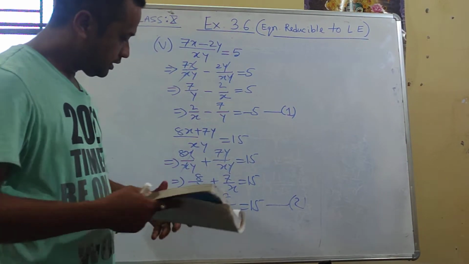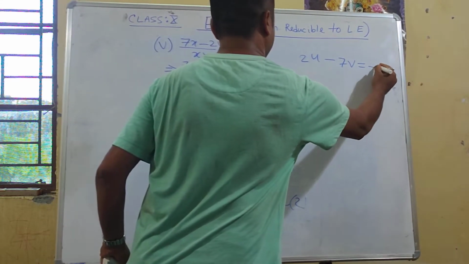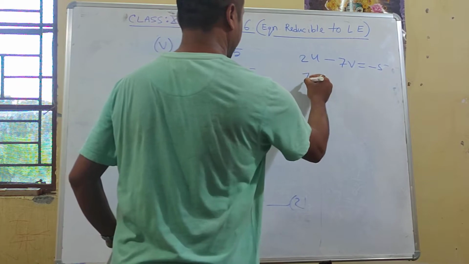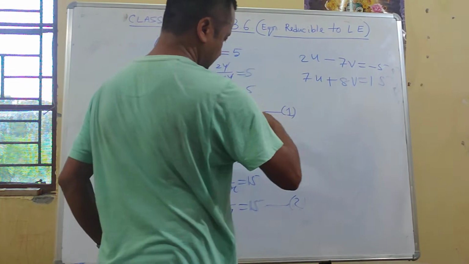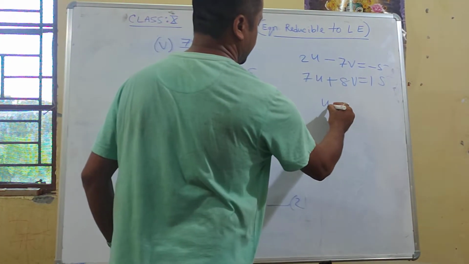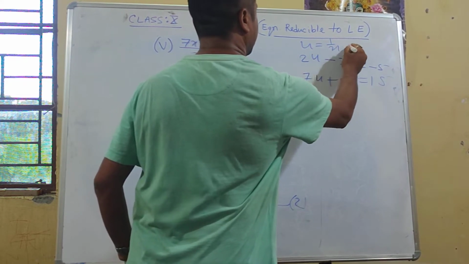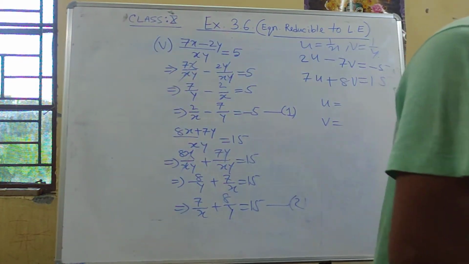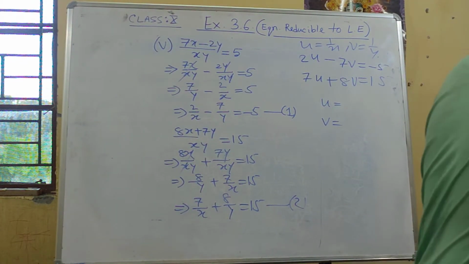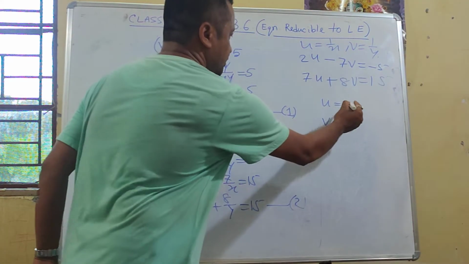So it can be converted like 2u minus 7v is equal to minus 5 and 7u plus 8v is equal to 15. So you will get u, you will get v, where you have taken u is equal to 1 by x and v is equal to 1 by y. So if you solve this by any method, you will get u is equal to 1, v is equal to 1.